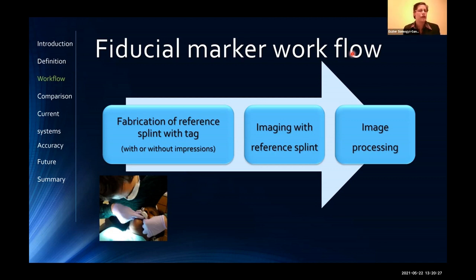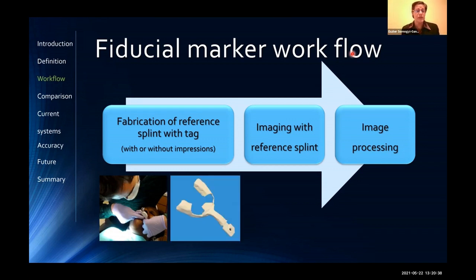One does not have to wait for any kind of manufacturing. So this is usually a chairside procedure. It takes about 5 minutes or so, usually involves some kind of thermoplastic material. Once the splint is done, this is a splint. This was one of the early versions. These days, mostly there are little tags, and I'll show you how they look.